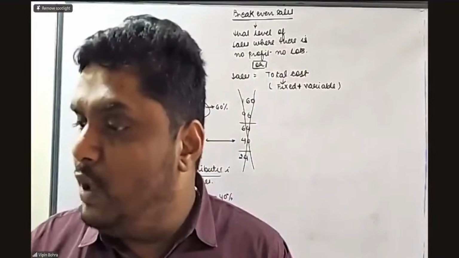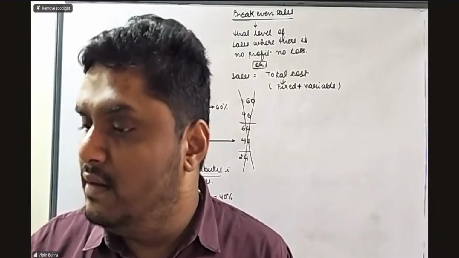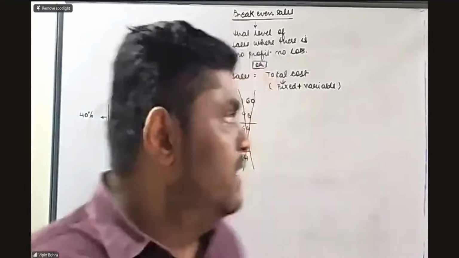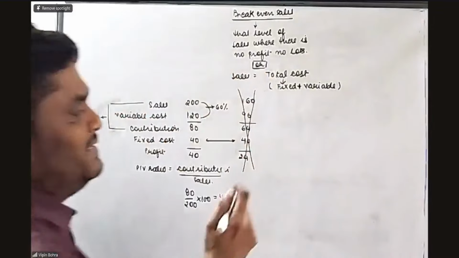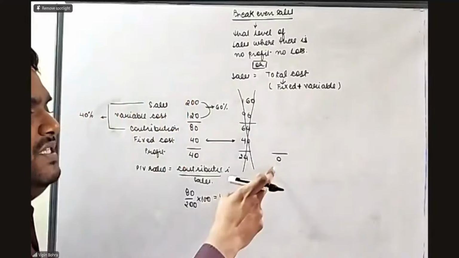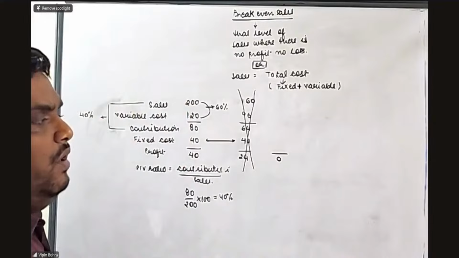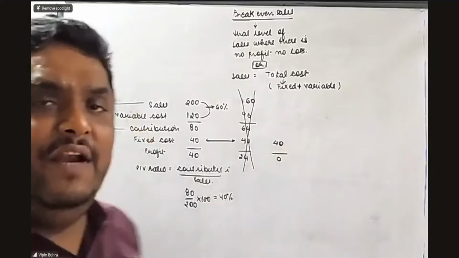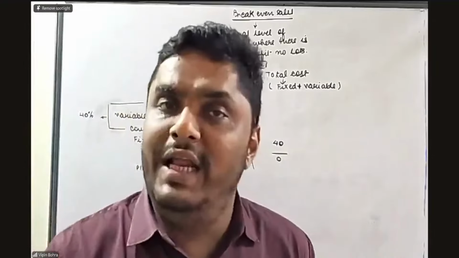Now the question is, what is the correct answer? As I said, at break-even sales, how much is my profit? 0. How much will be my fixed cost? 40, as fixed cost remains constant at all levels of sales.